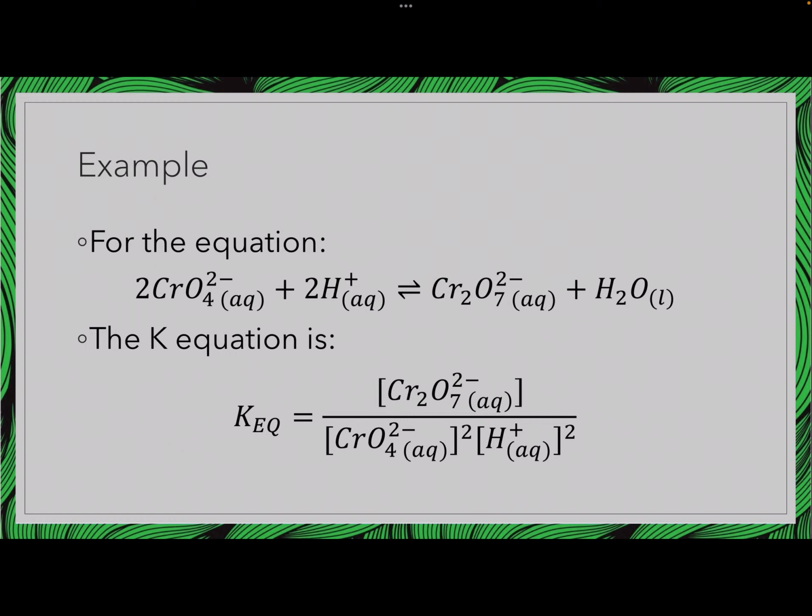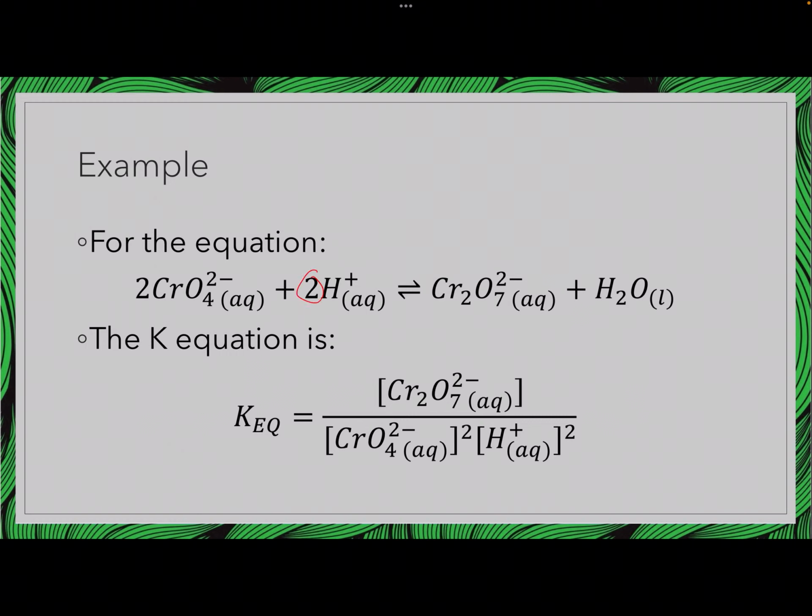Now, doing the K expression or the K equation, we do products over reactants. So our products are going to be dichromate, Cr2O7 2-, over CrO4 2- times H+. Having a look at the stoichiometric ratios, dichromate is 1, so it's to the power of 1.